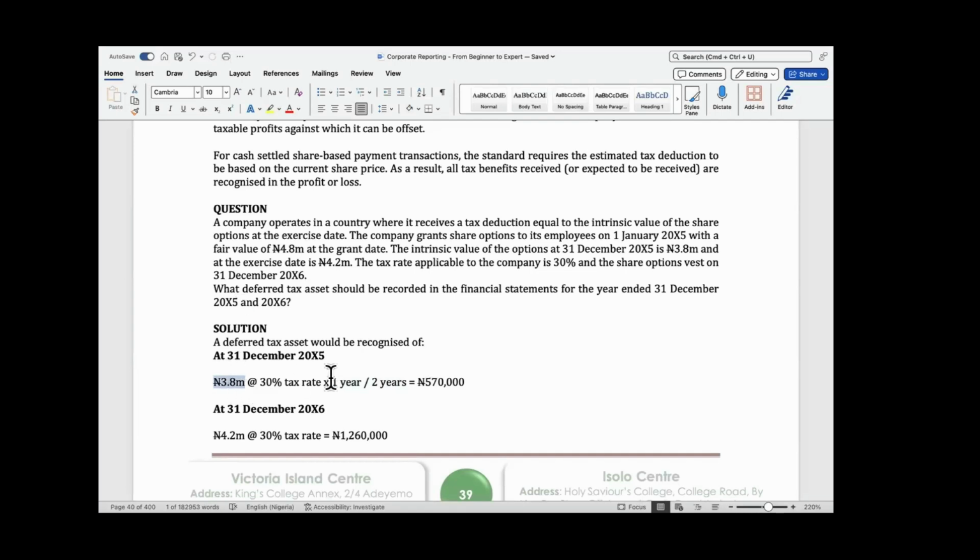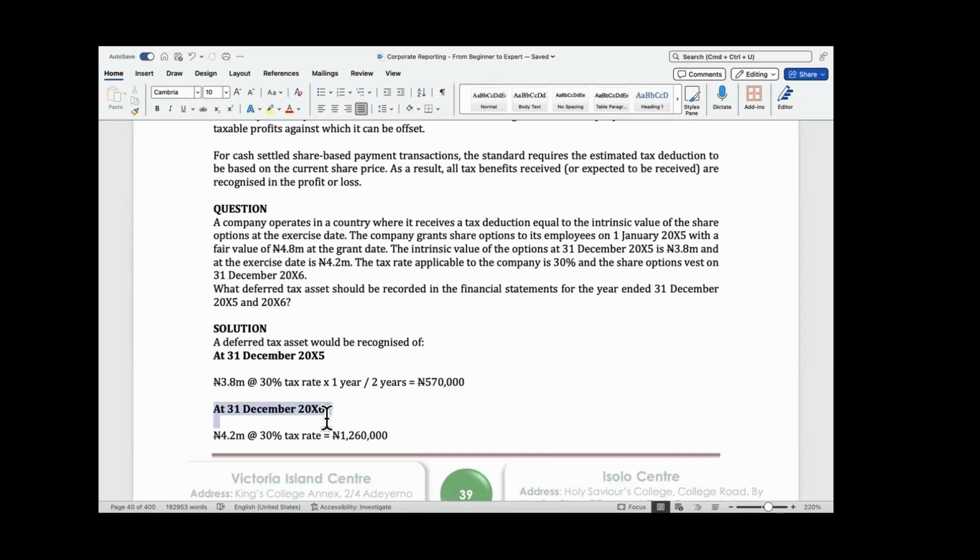So we need to get the portion relating to year one alone, just like we have been doing. So 1/2 gives 570,000. With this 570,000, one leg will go to income tax, but in this case it's a credit to income tax, deferred tax income. The other leg will go to deferred tax assets under non-current assets.